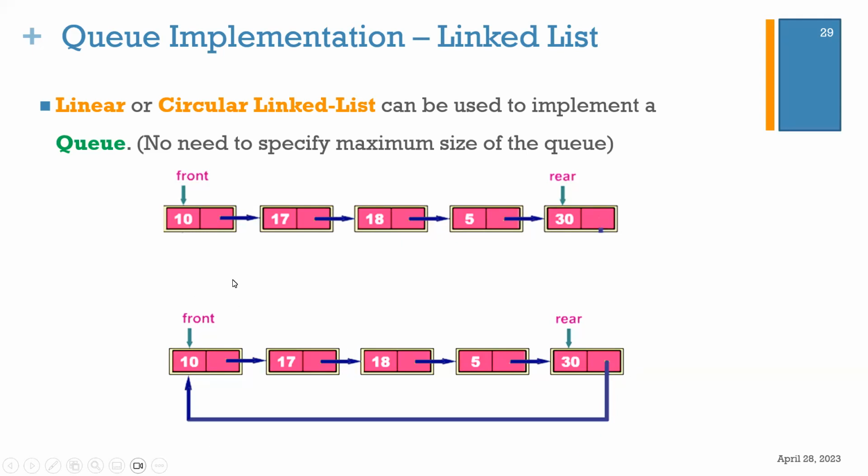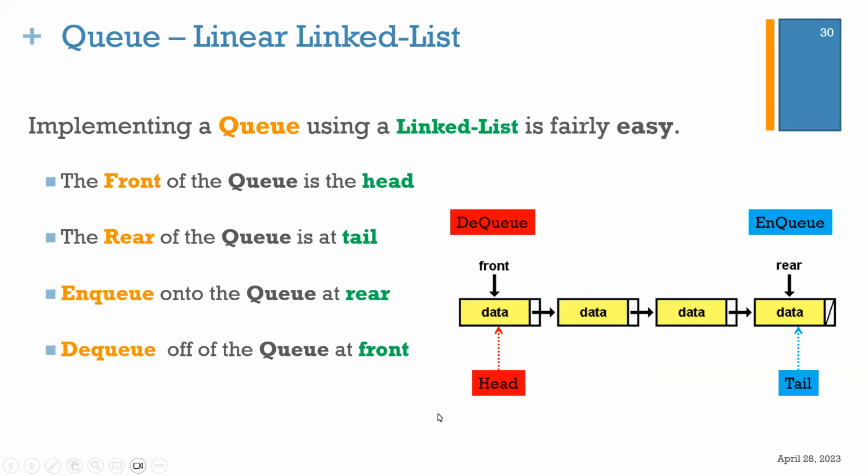When implementing using a linked list, there is no need to specify a maximum size of the queue. So now we can use a linear linked list, for example, implemented using a front and a rear. The head will be used as the front and the tail will be used as the rear.